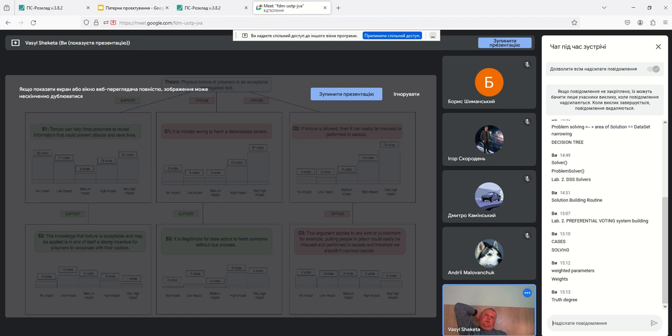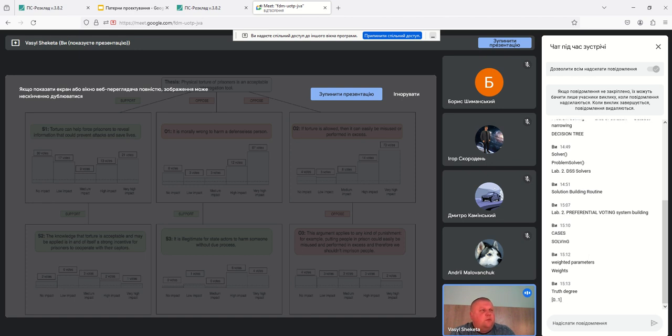Certainty of truth. We can have ranged truth from 0 till 1. From 0 till 1 is the ranged truth.